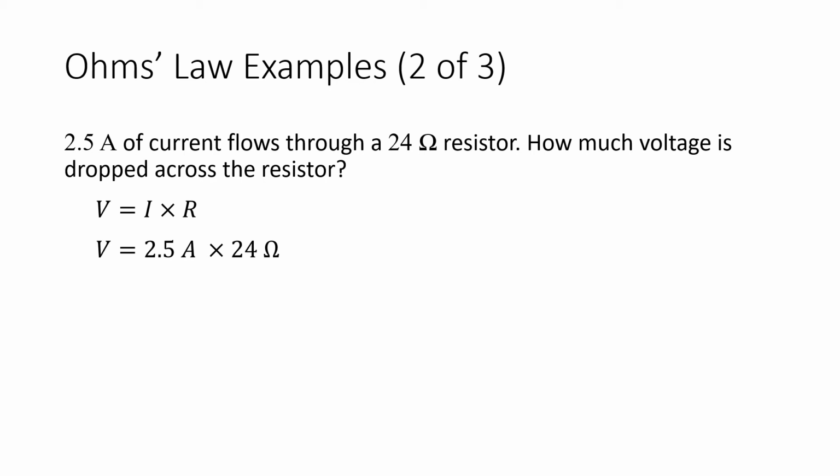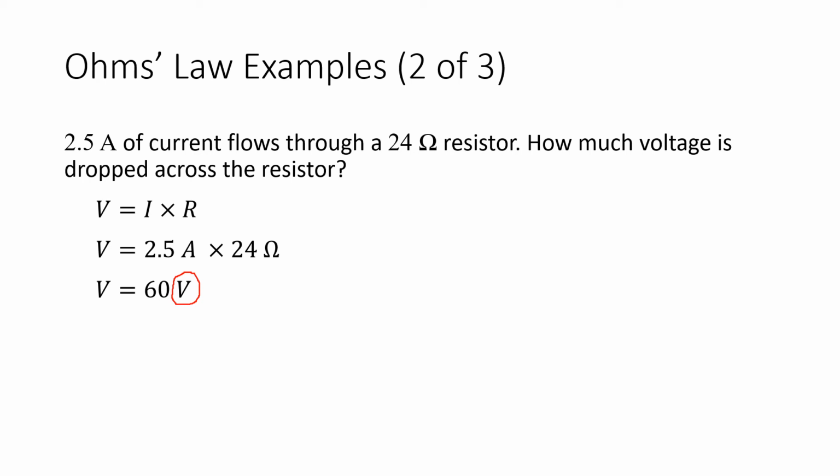V equals 2.5 amps times 24 ohms, and solve the problem. V equals 60 volts. Again, we have to have the unit symbol, the capital letter V, for the answer to be correct.